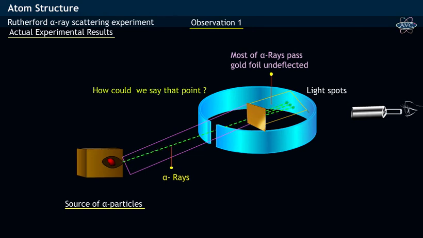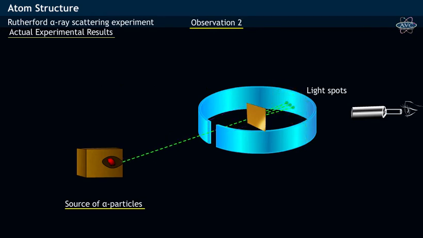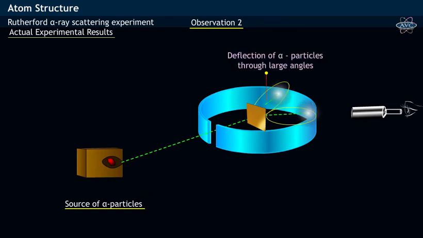This can be known from the fact that most of the light flashes or scintillations were noticed across only one region on the zinc sulfide screen along the straight path of alpha rays. In his second observation, Rutherford noticed that only a few alpha particles are deflected through large angles, as shown.